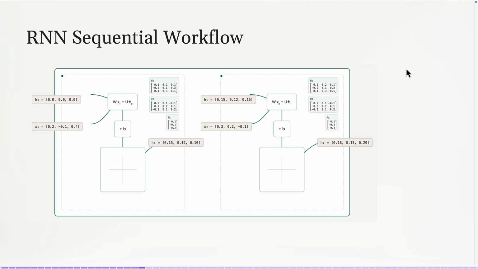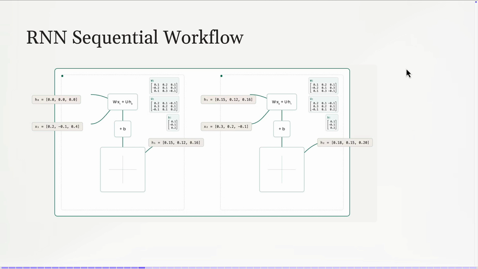Combining both together, this combination has an understanding of the current state and what happened in the past. And this is the concept of memory. The memory is carried in this hidden state. Then it goes through the same computation again and provides another hidden state. And this is going to repeat multiple times until the end of the sentence. Does it make sense? So this is internally what happens.